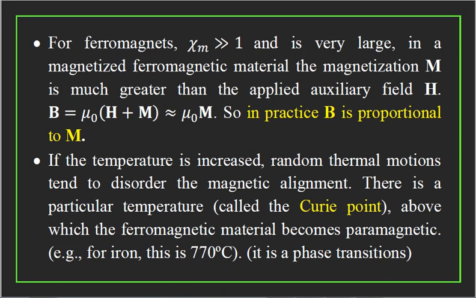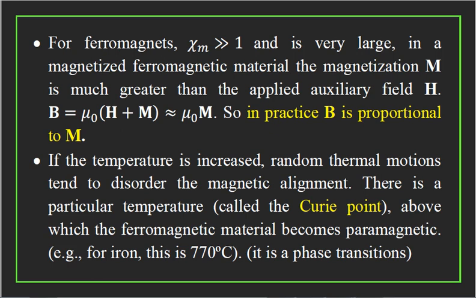And in a magnetized material, the magnetic field B is equal to mu 0 into H plus M. In that case, the magnetization M will be much greater than the magnetizing field H, because chi m will be very large.